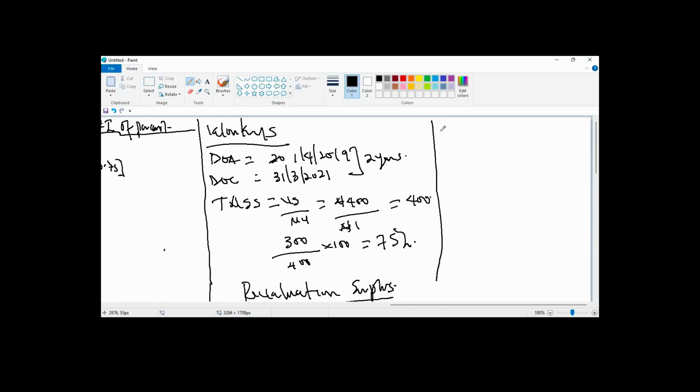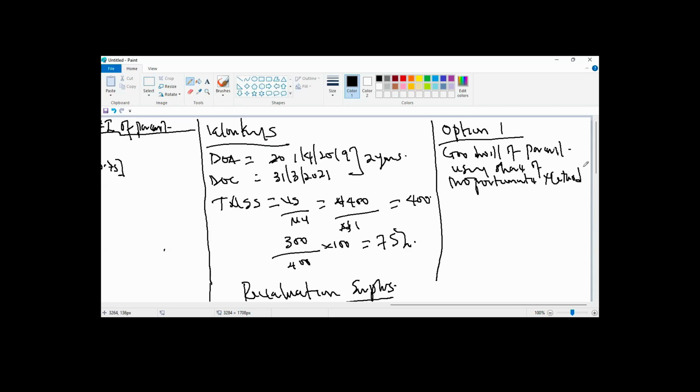Okay, option one: let me get the goodwill of the parent using the share proportionate method.